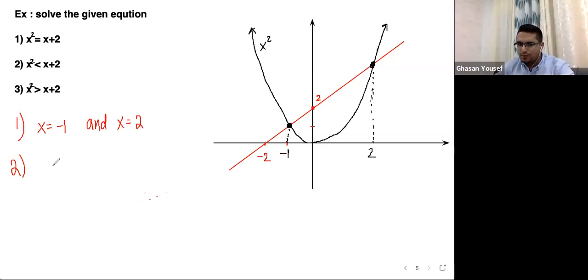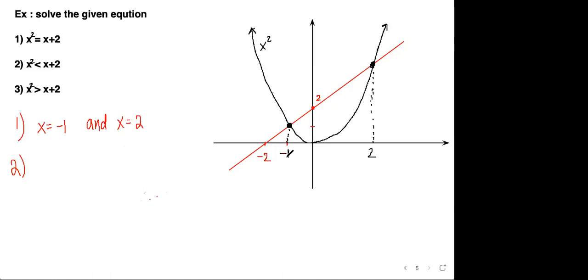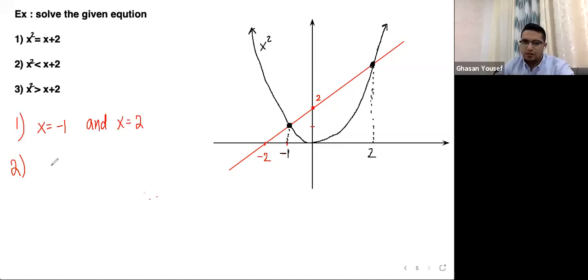Is it from 1 to 2 or from -1? Yes, -1 to 2, exactly, and it should be an open interval, -1 to 2. This is the solution because the red one will be above the black curve inside this interval from -1 to 2.